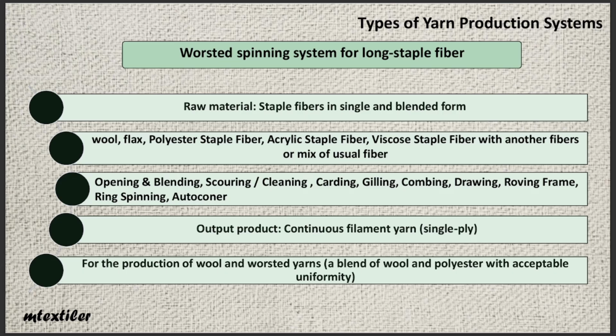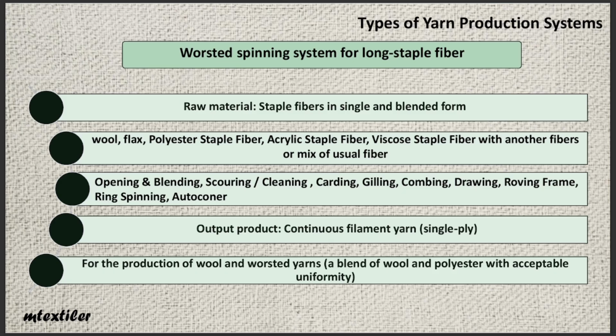Worsted spinning system for long staple fiber features: raw material, staple fibers in single and blended form. Yarns producible: wool, flax, polyester staple fiber, acrylic staple fiber, viscose staple fiber, with other fibers or mixes of usual fibers.